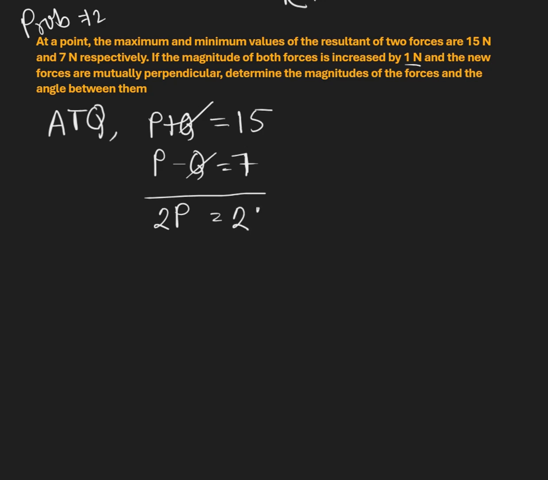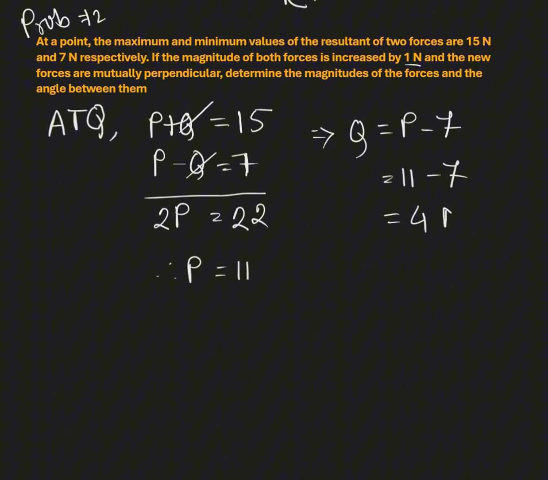So here will be 22, and of course the value of P is equal to 11. Same way we could find the value of Q. So Q is equal to P minus 7. So the value of P is 11 minus 7. So we could write down the value is 4. So here is Newton as well as Newton here as well.